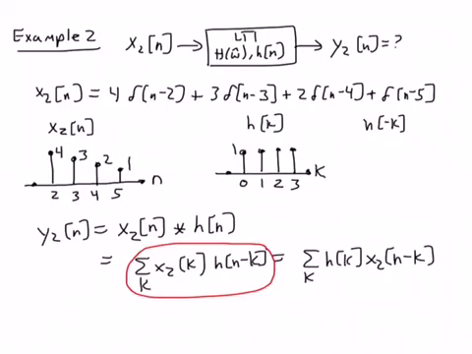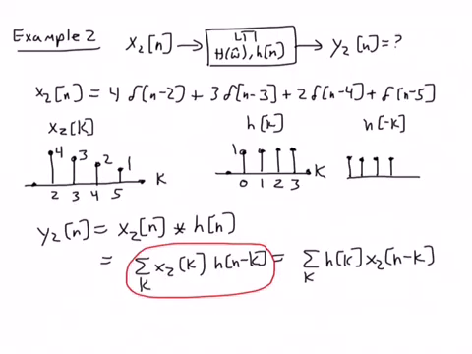It's just a different index, but the signal looks exactly the same. We could do the same thing over here so that we would have x2 of k. And so we'll just write that as a function of k. Okay, so h of minus k is just a flipped signal. So we take this and flip it.